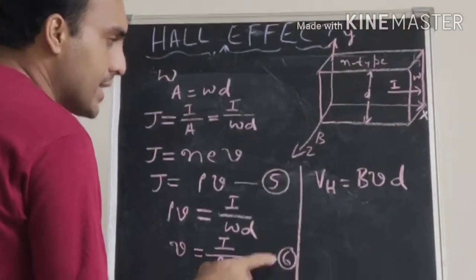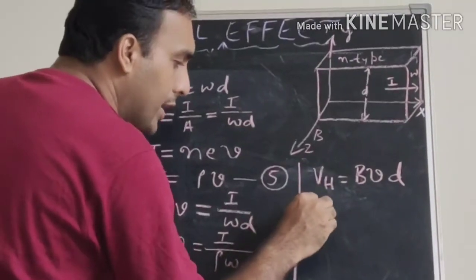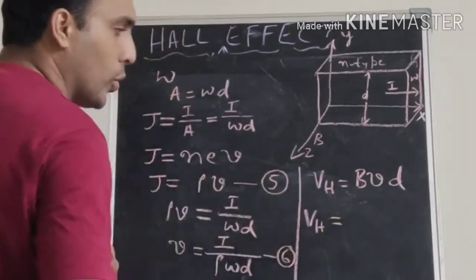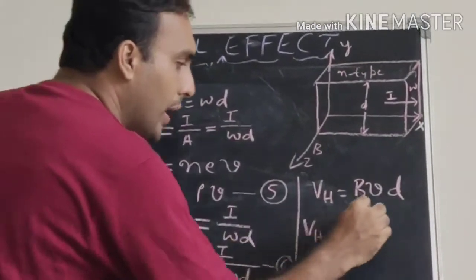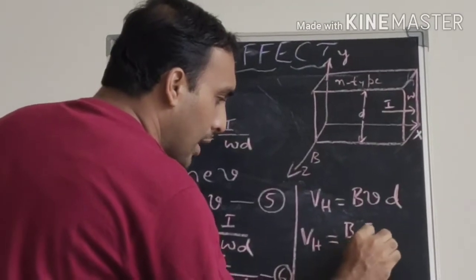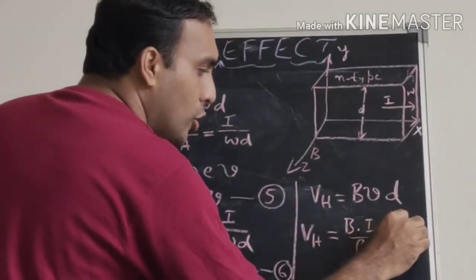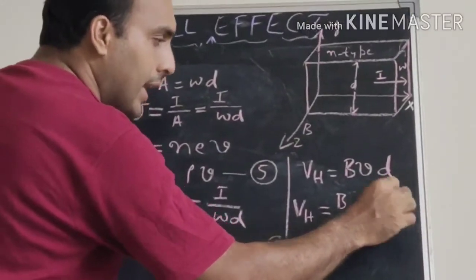So using this in the Hall voltage equation, we can write Hall voltage VH is equal to B into, what is V? V is equal to I by rho into W into D, into D. Right? So this D and this D cancel.